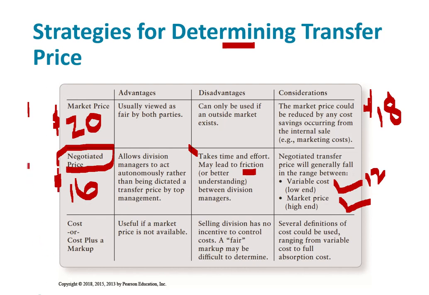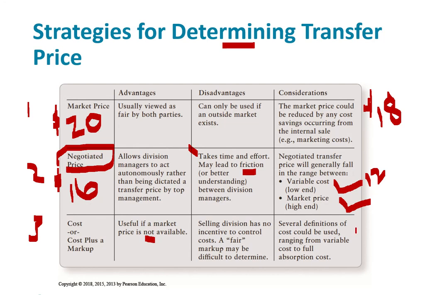The third way of doing this would be to use the cost or the cost plus markup. This is useful if a market price is not available. The selling division has no incentive to control the cost, and a fair markup might be difficult to determine. So again, you have to have a reasonable negotiation.